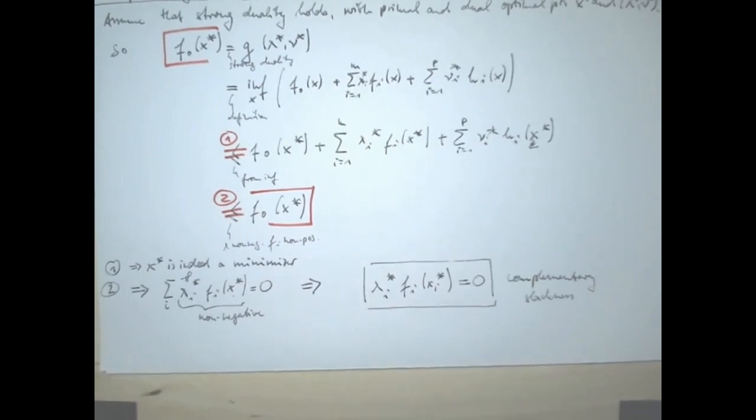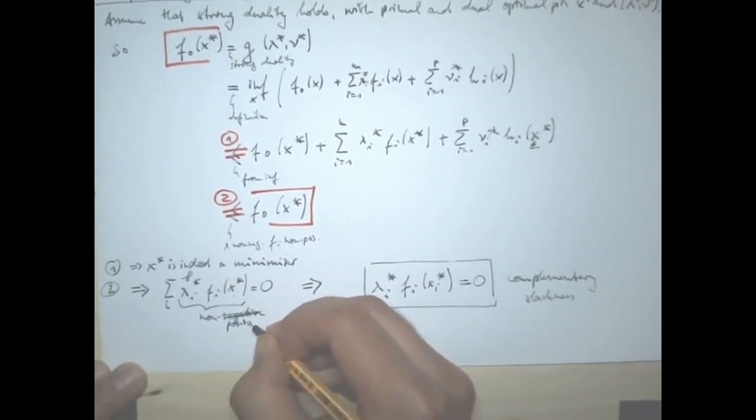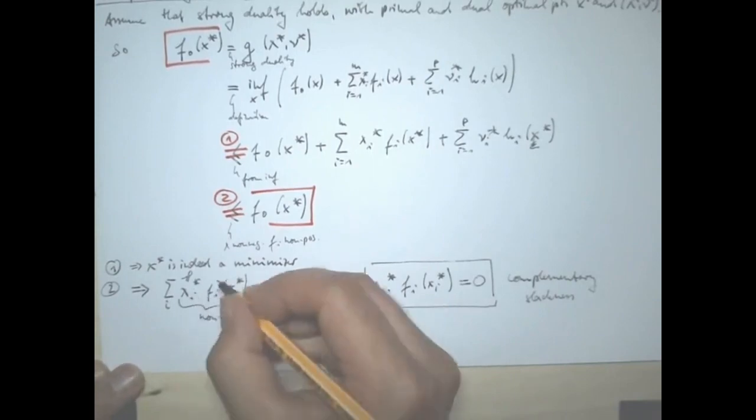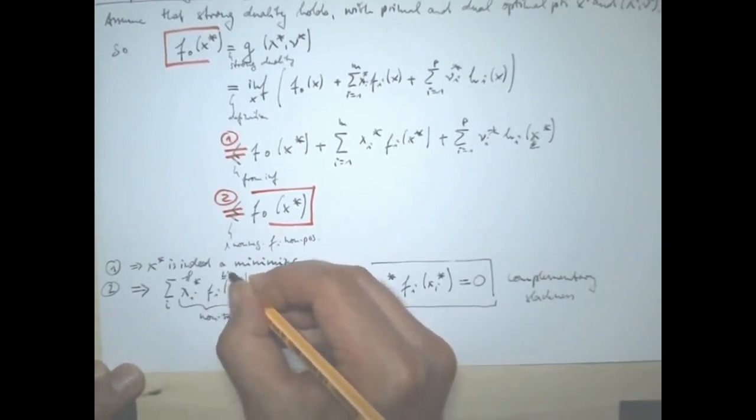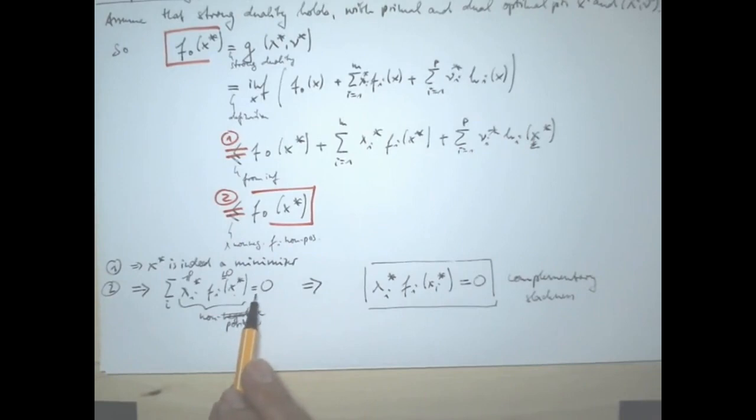Sorry, they are non-positive. You're right. Excuse me. This is larger than 0, and this is less than or equal to 0 for a feasible x star. So they are non-positive, and because each one of them has to be non-positive, this is why each individual term then has to be 0 if the entire sum is 0. Thanks very much.